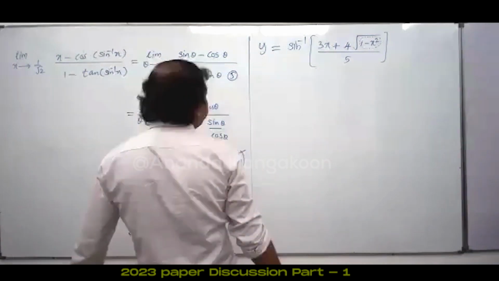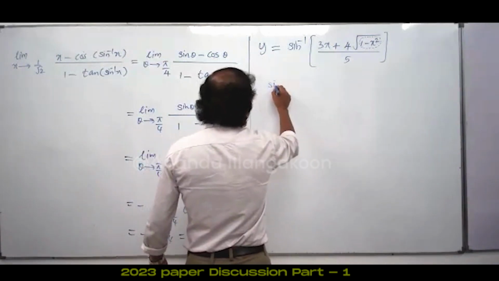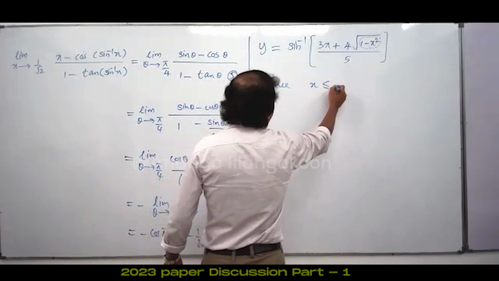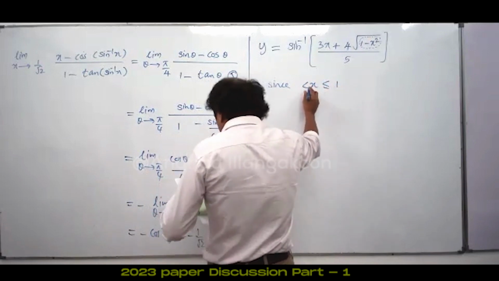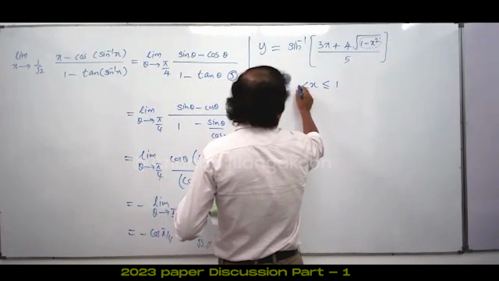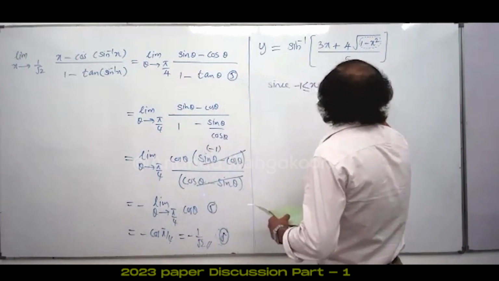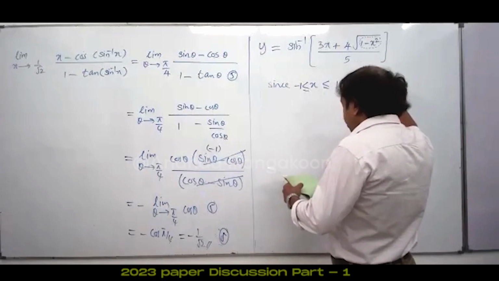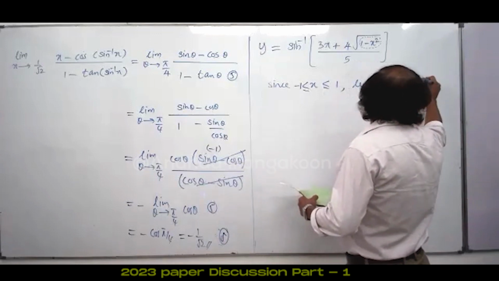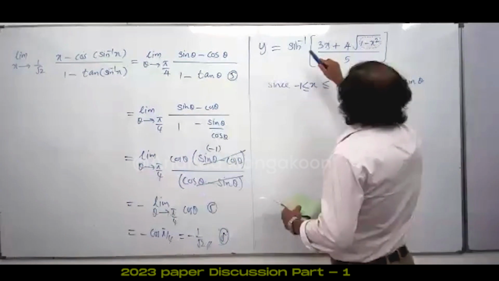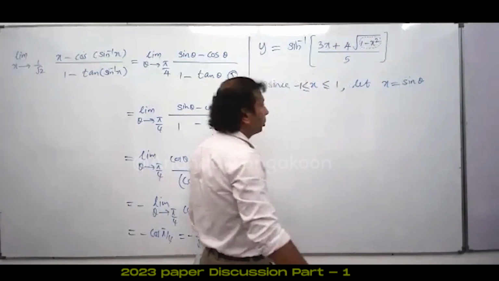What substitution? Since x is less than or equal to plus 1, greater than or equal to minus 1, let x equals sine theta. This same x, we can write as sine theta.